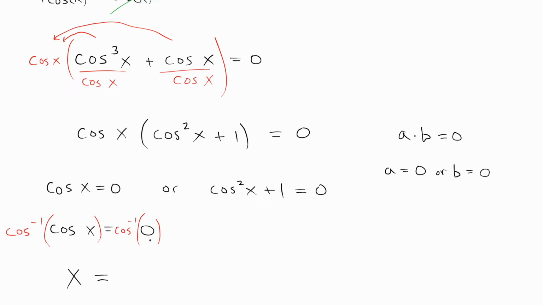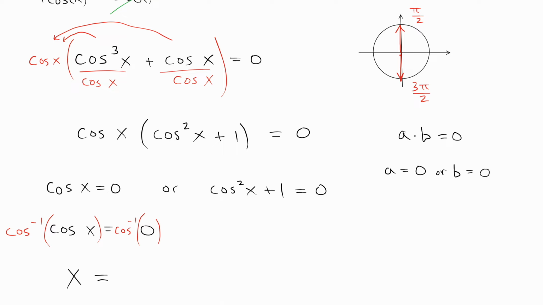Now when we do cosine inverse of 0, you could think about the unit circle, so angles that have a cosine of 0 would be pi over 2 and also 3 pi over 2. When you do a cosine inverse on calculator, though, it's only going to give you one of those answers.